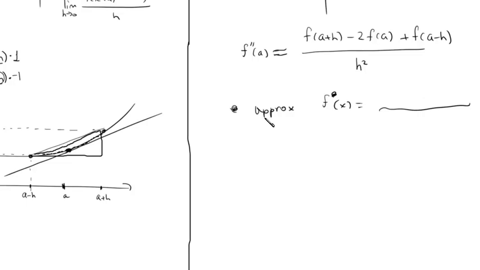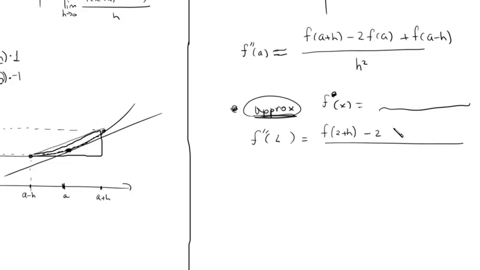Then if the question says approximate the second derivative evaluated at, for example, 2, all you have to do is just use this formula: f of 2 plus h minus 2 of f of 2 plus f of 2 minus h over h squared.